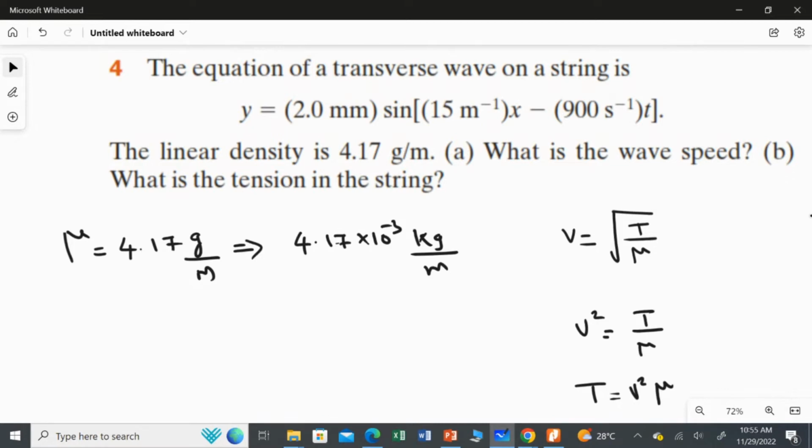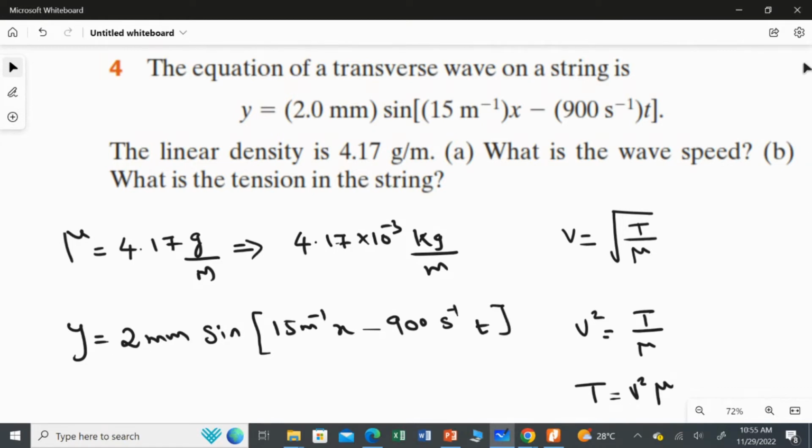Now, better I write the equation that is given: y equal to 2 millimeter sin(15 per meter multiplied by x minus 900 per second t).